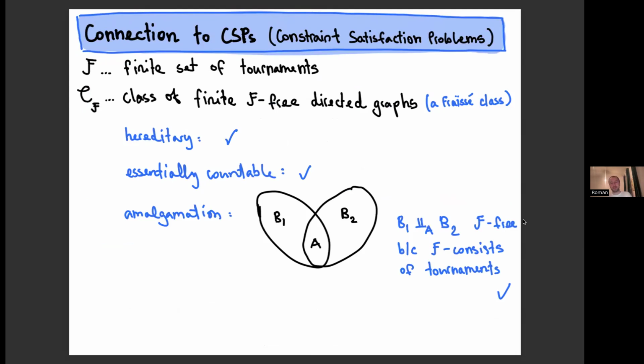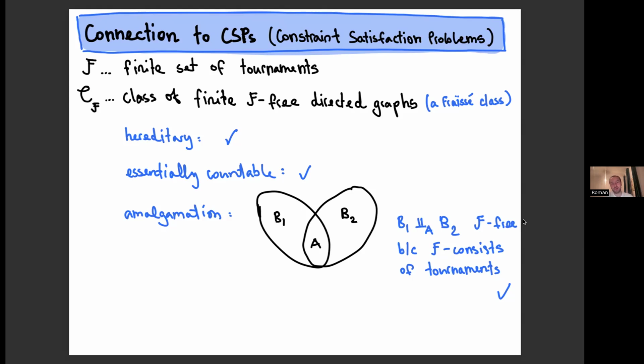And how do we use this to build a template of the F-free graph orientation problem? Well, again, if we're given F, a finite set of tournaments, then the class curly C of F, which is the class of finite F-free directed graphs, will be a Fraïssé class.